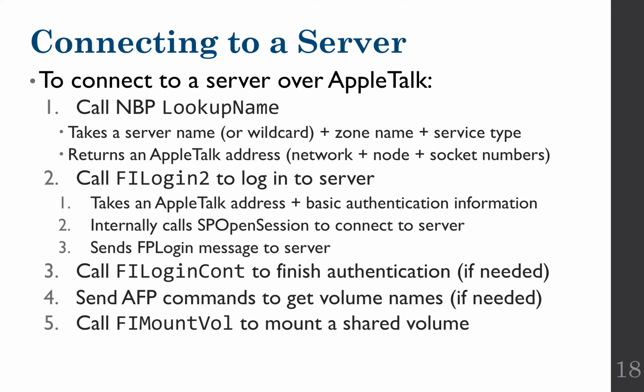And so you do that. I should mention NBP can also be used with wildcard lookups. So you can get like all the AFP servers in a zone using a wildcard, which is pretty interesting. And the Apple Share control panel actually does use that. Although that makes it more complex to support.